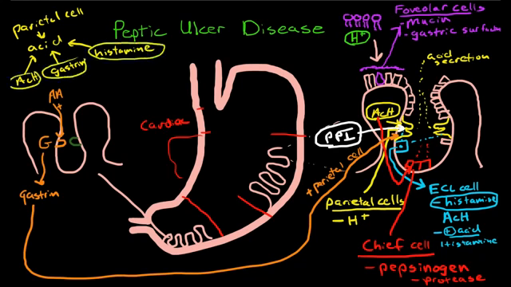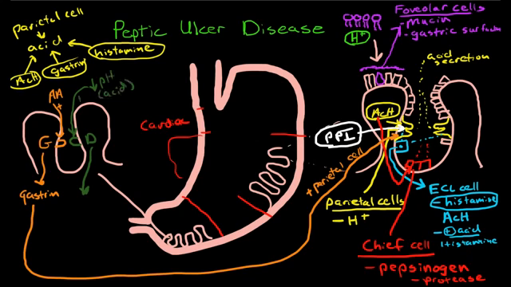Now, the other cell here in the antrum is called the delta cell, and the delta cell is stimulated by low pH or acid.